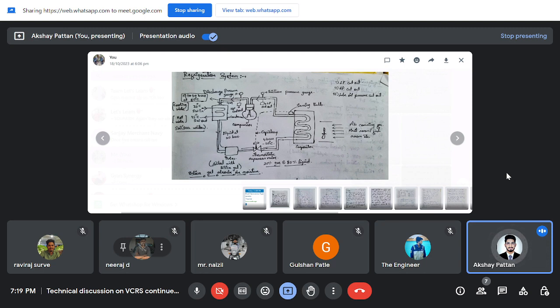So I am not exactly sure about this answer, but I can somewhat give you the answer on this. So basically, when there is a high pressure in the compressor, there is no immediate cutout. The high pressure cutout doesn't act immediately, according to me. I am not sure on this, guys. Please do your own research on this, and let us discuss this in the group also.